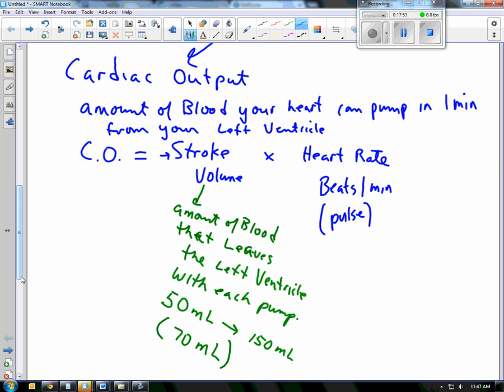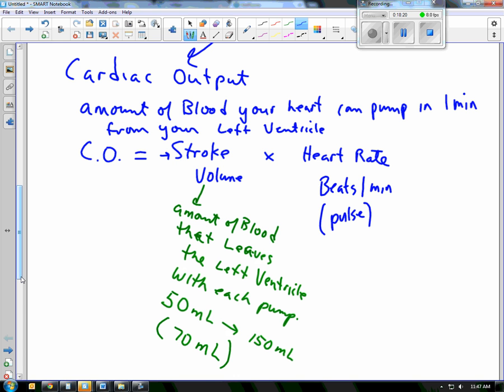It depends how strong your heart is, and it would also depend on whether you're exercising or not. So right now you're all sitting. Do you think all of the blood in your left ventricle is actually leaving with every pump? No. Sitting there, maybe only about half of the blood in your left ventricle is leaving in one pump. You don't need it all.